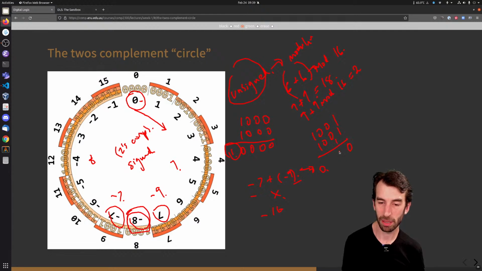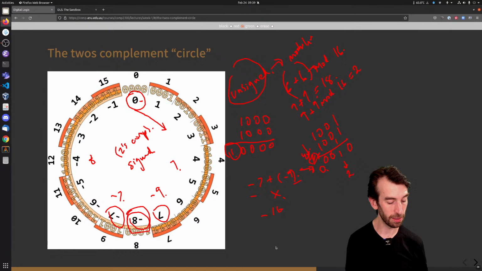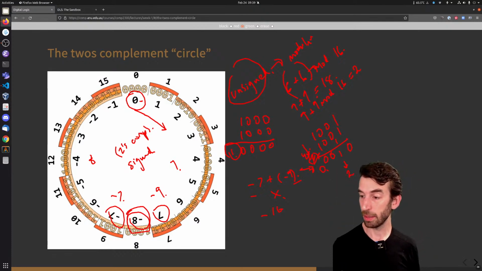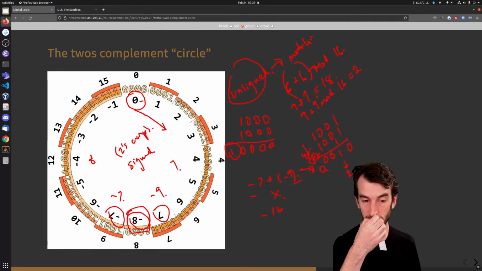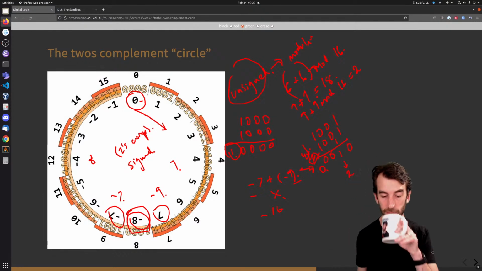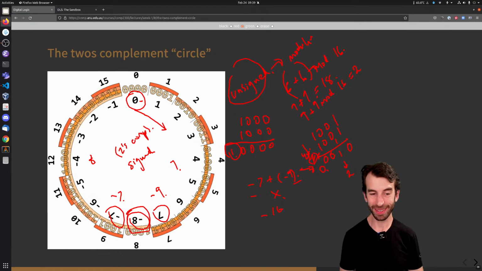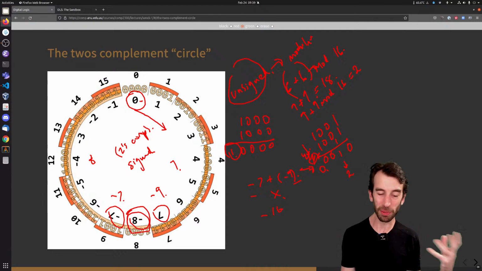Carry the 1, 1, 0, 0, carry the 1. So there's my 16s column. The modular operation erases that, and we're left with 2, just as we expected. So unsigned arithmetic is always modular with binary. By the way, it's modular with signed as well.